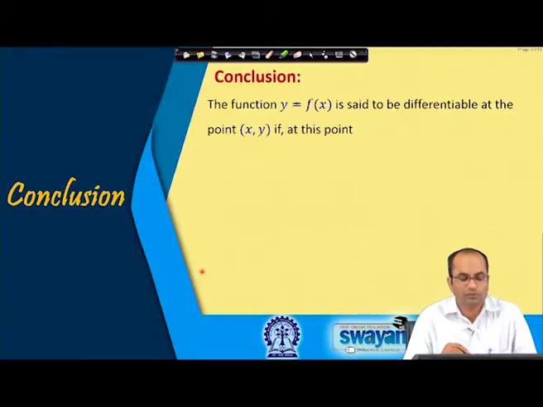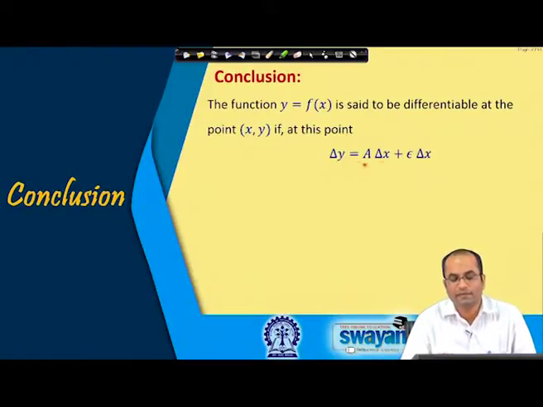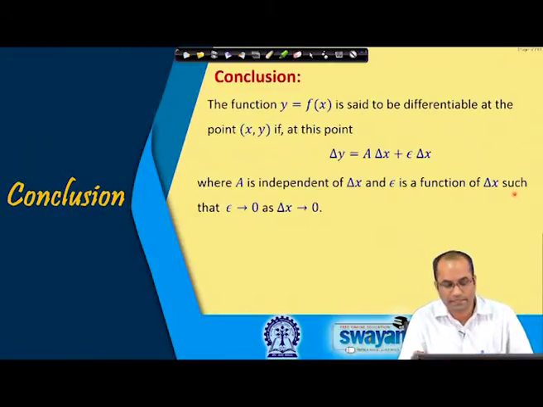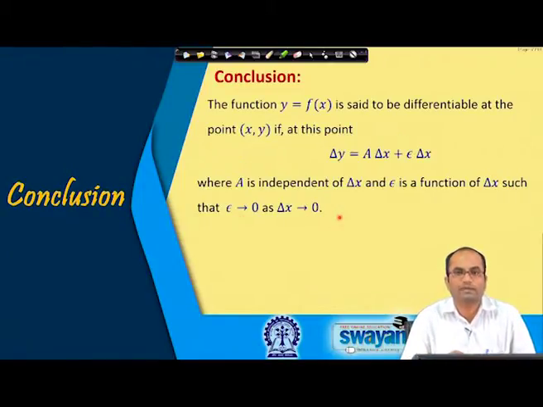So in this case the function is not differentiable at x equal to a. Coming to the conclusion, we have seen that a function is said to be differentiable if we can write delta y in terms of the expression a delta x plus epsilon delta x, where a is independent of delta x and epsilon is a function of delta x such that epsilon goes to 0 as delta x goes to 0.